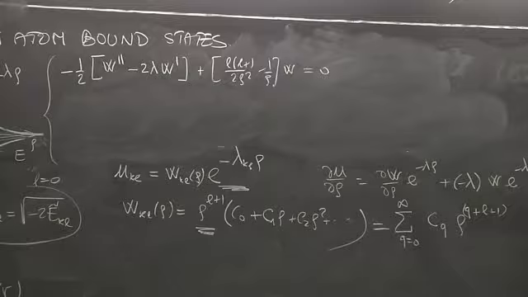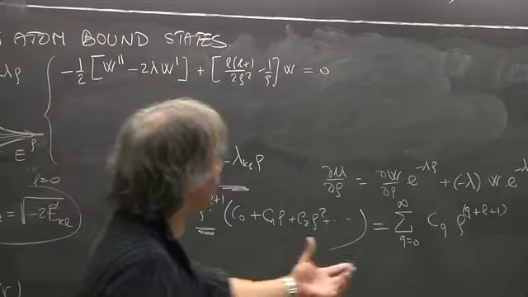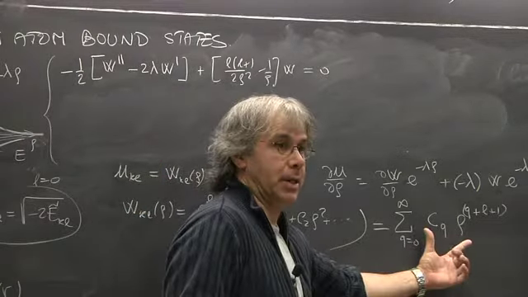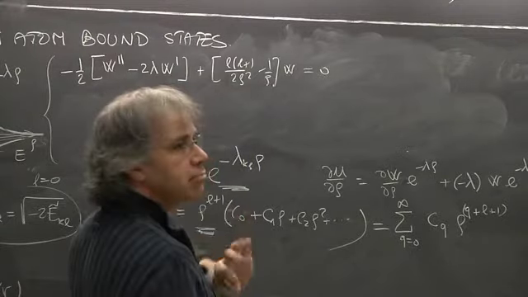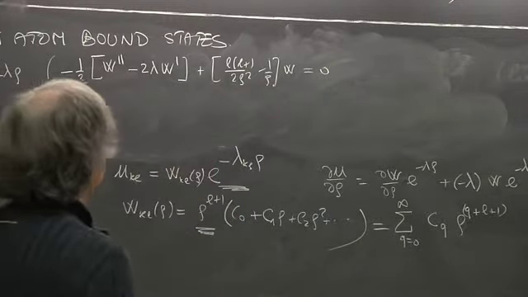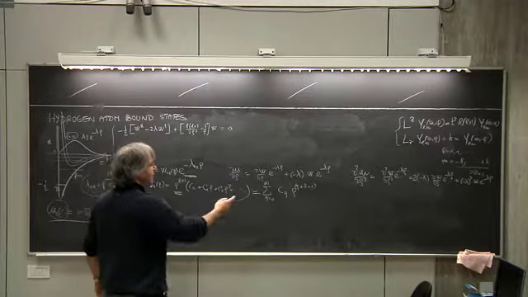Yes? Okay. So I have coefficients that I want to determine in such a way that this power expansion, when plugged into this, is perfectly satisfied. Let's see, I have to calculate derivatives.